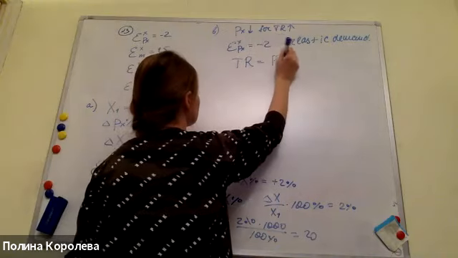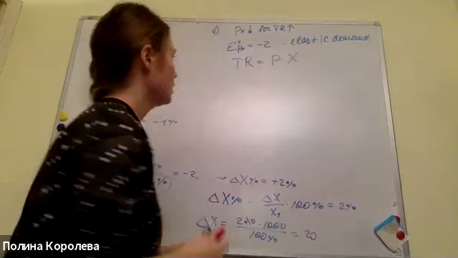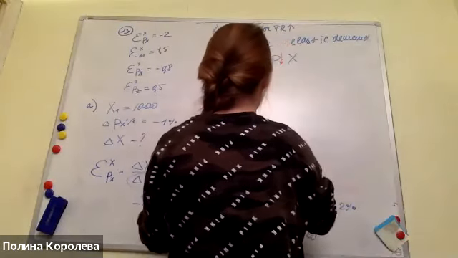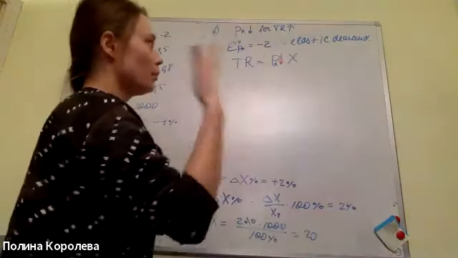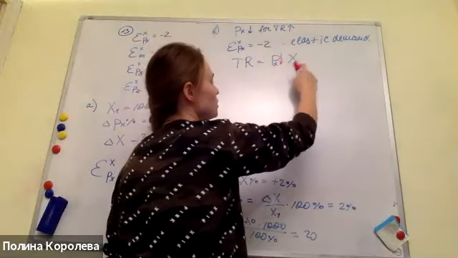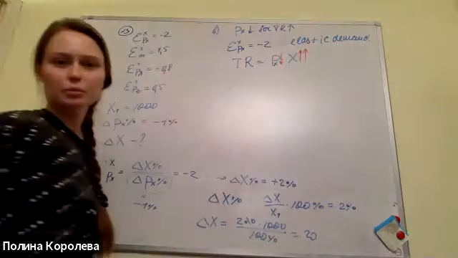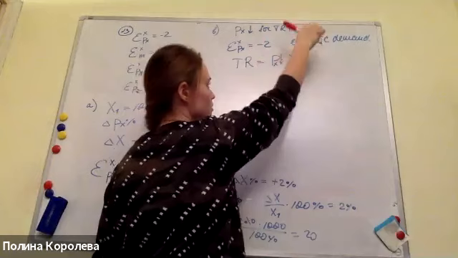Total revenue is price multiplied by the quantity, by X. So, for example, if we decrease the price of good X by 1%, the quantity demanded for our good will increase by more than the decrease in price. Then total revenue will be increasing too? Yes. So you see arrow down and 2 arrows up.